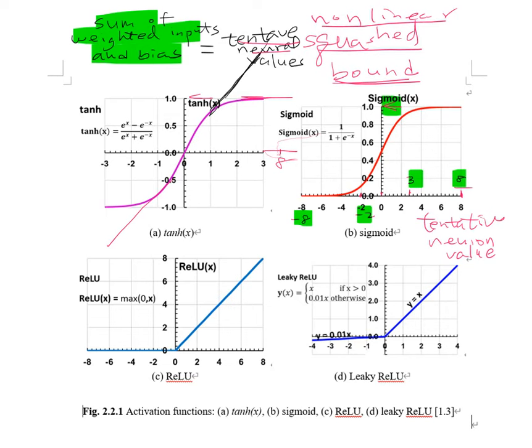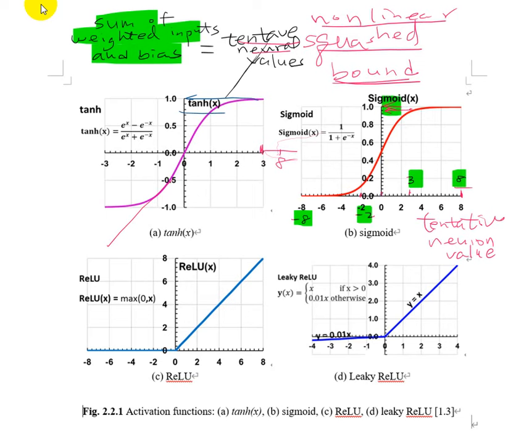What about 3? The sigmoid will give you a number a little less than 1, whereas you have almost a number close to 1 with tanh. So that's the difference between these two activation functions.